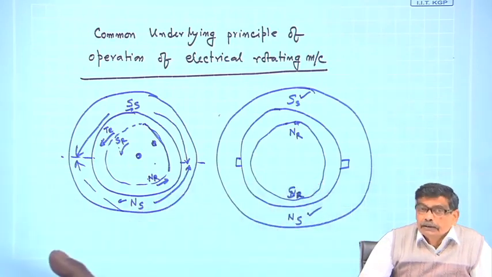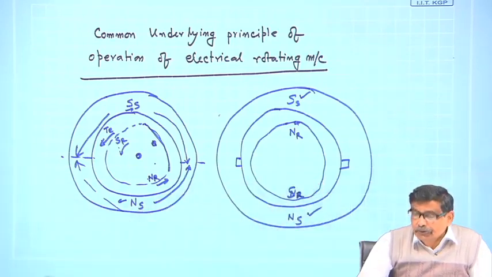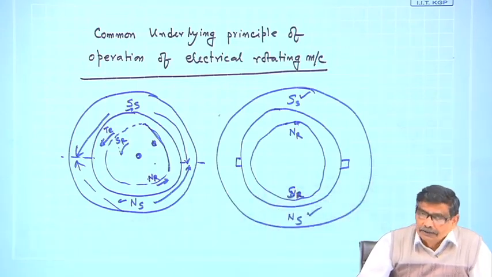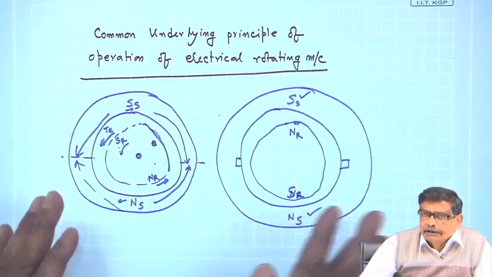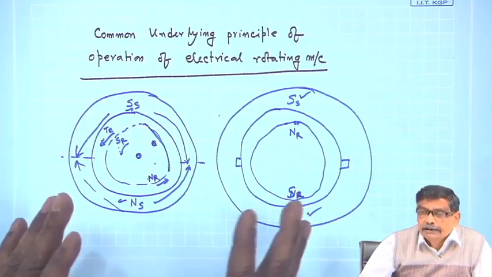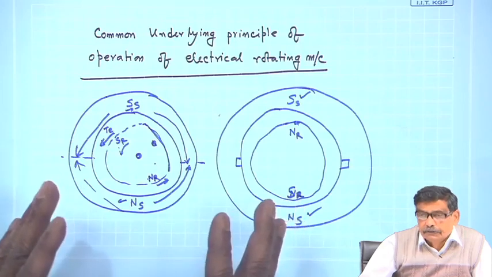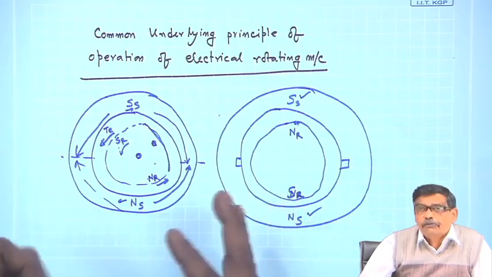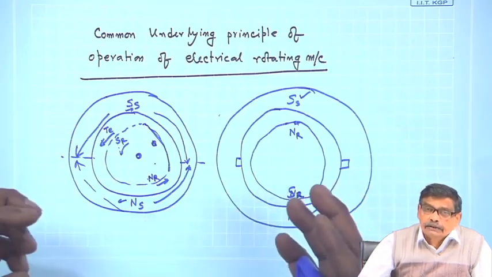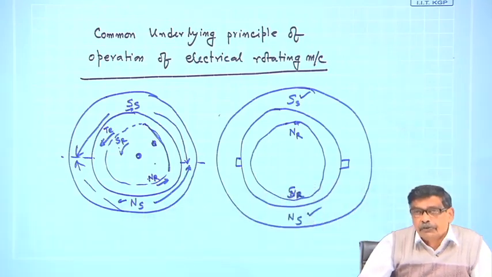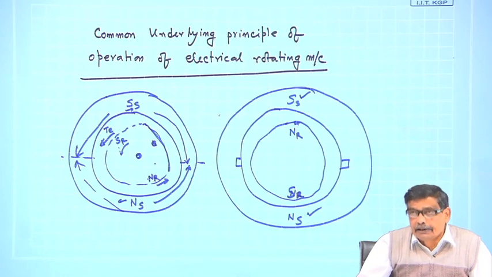But the important point is, we will see later that even if coils are stationary, they will carry some current, and still they can produce poles which will be found rotating. That is a great achievement, and it was first pronounced by Nikola Tesla. That is, even a stationary coil can produce a rotating magnetic field.